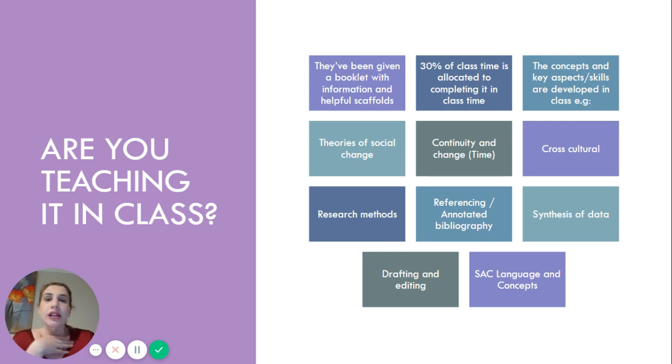So my class has been given a booklet with information and scaffolds, sentence starters, word starters. I've taught them how to triangulate data, which is, of course, bringing 2 or more research methods together. So my primary research questionnaire showed that 100% of students think that Mrs. Garrity's ace.